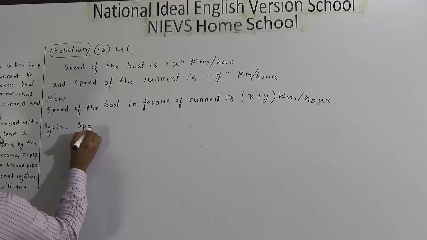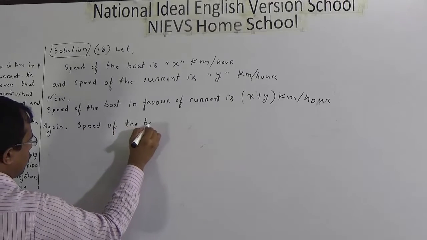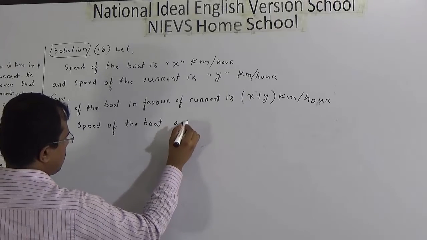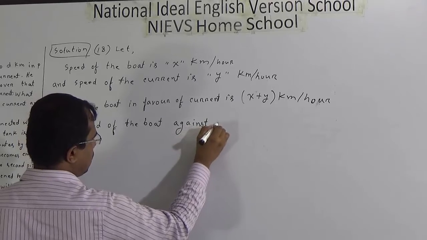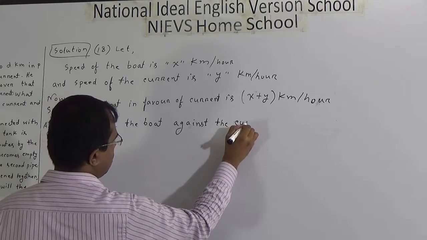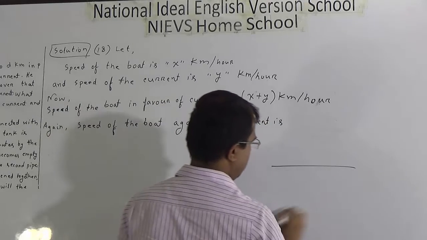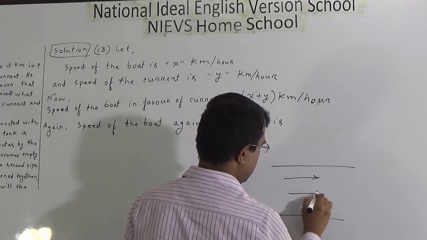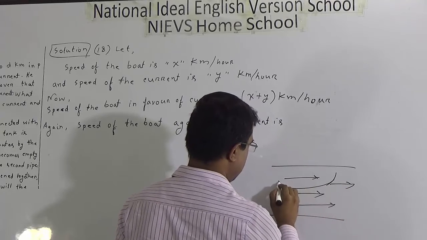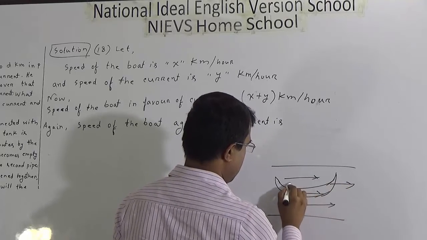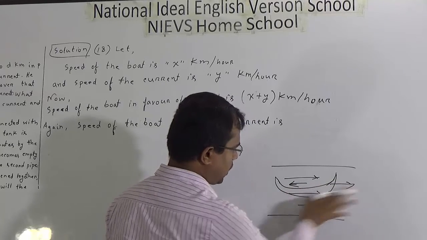Again, speed of the boat against the current. This is the direction of current, and this is a boat, but direction of the speed of boat is opposite of the direction of current.